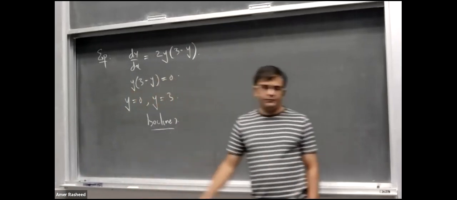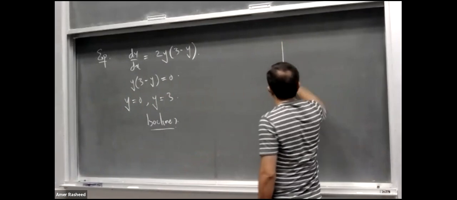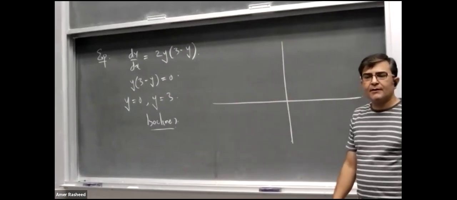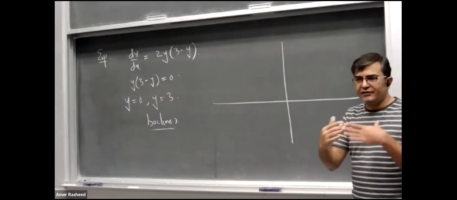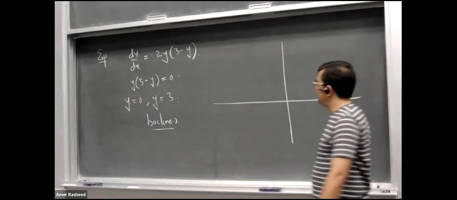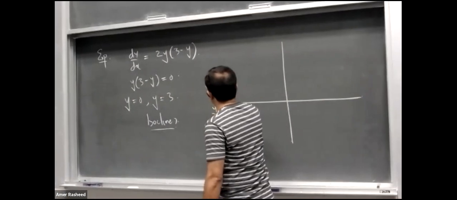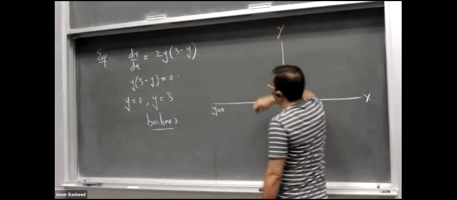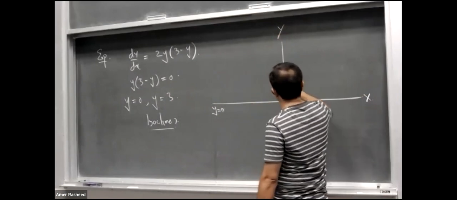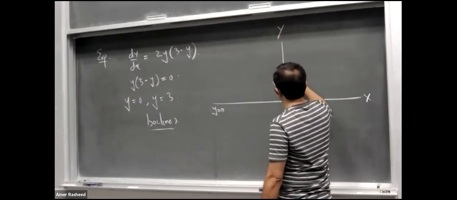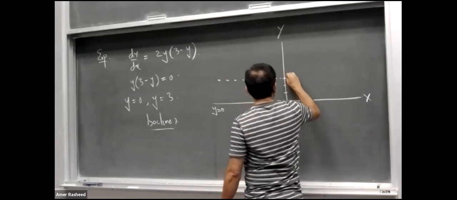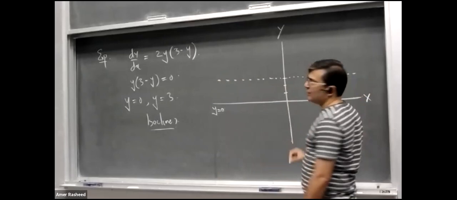Now these isoclines will divide the two-dimensional plane into 3 regions. Okay, the one is y is equal to 0, which is the x-axis. This is your x-axis, this is your y-axis, and the other one is y is equal to 3, maybe 1, 2, 3. So this horizontal straight line is an isocline.